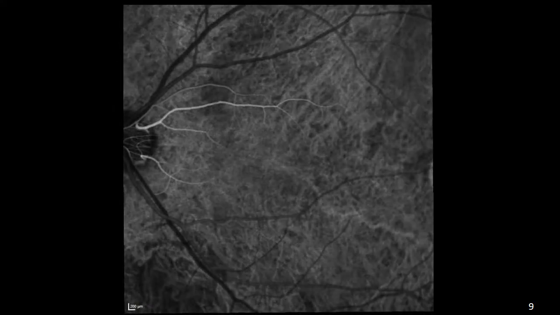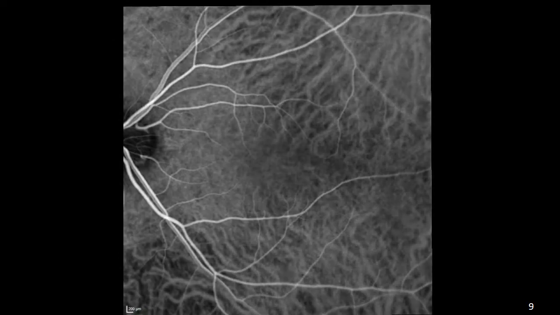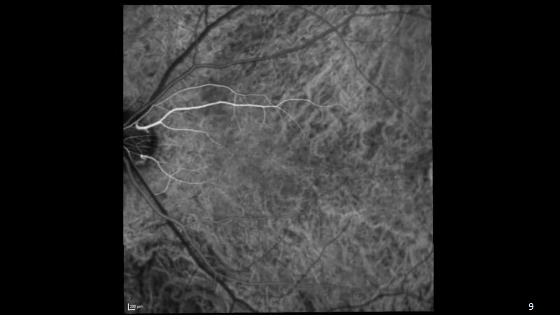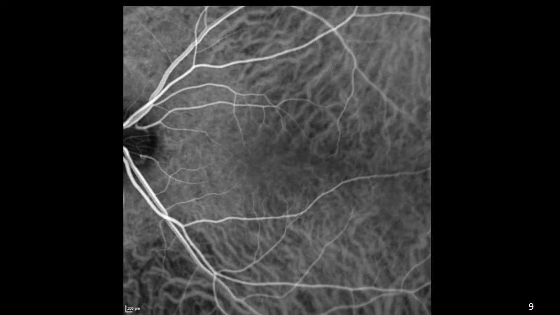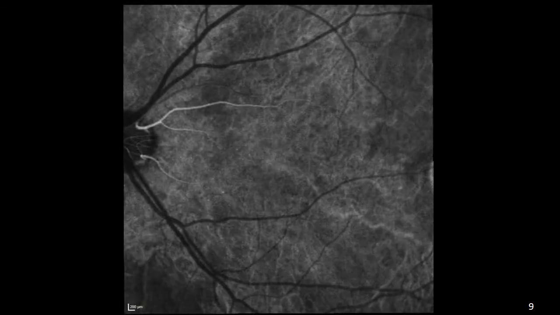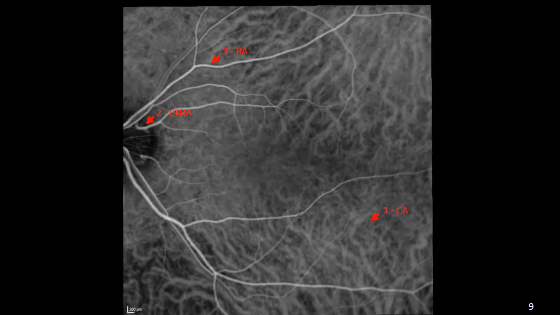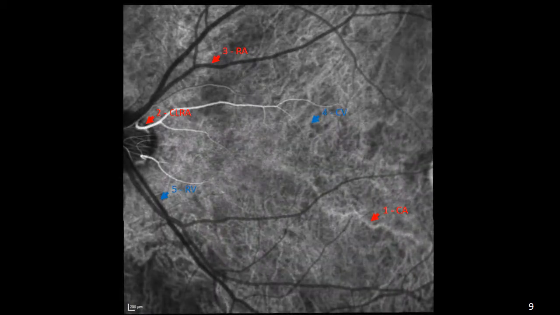The answer came from looking at the dynamic ICG angiography. As the contrast agent first propagates into the arteries, then capillaries, then the veins, you reveal arteries and veins separately. Here, if you pay attention, you see first choroidal and cilioretinal arteries, then choroidal veins, and finally the retinal veins.